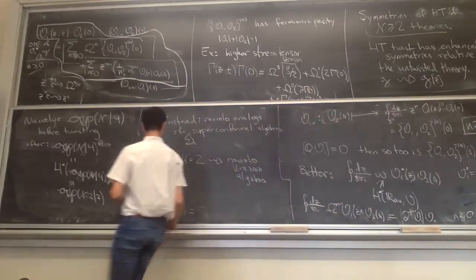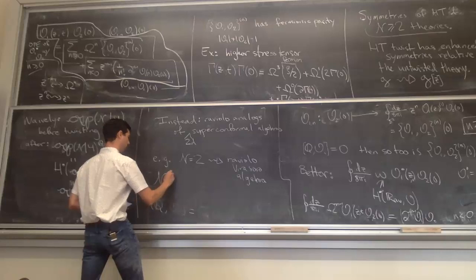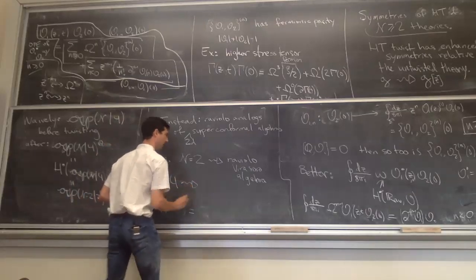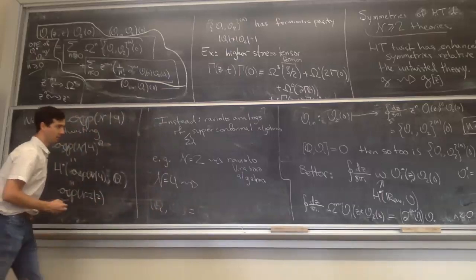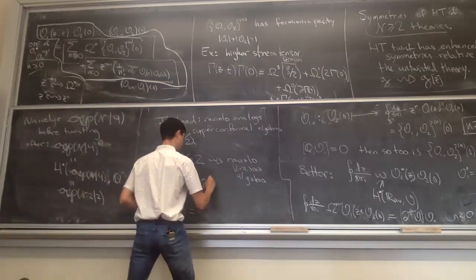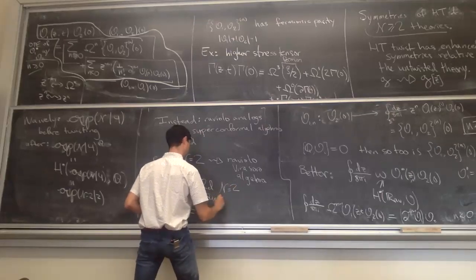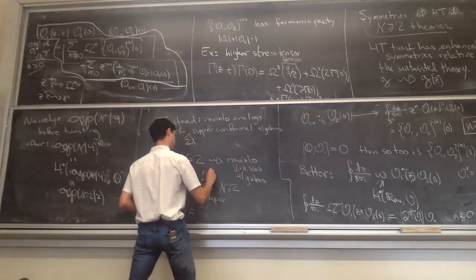And the one I really want to focus on is what happens for n equals 4. And surprise, surprise, what we're going to find is a 2D n equals 2 superconformal algebra, or the raviolo analog.